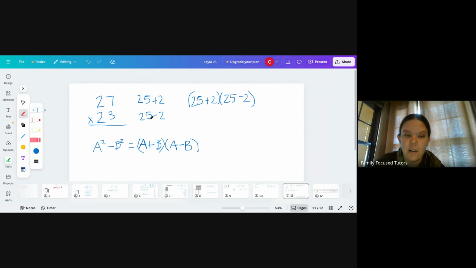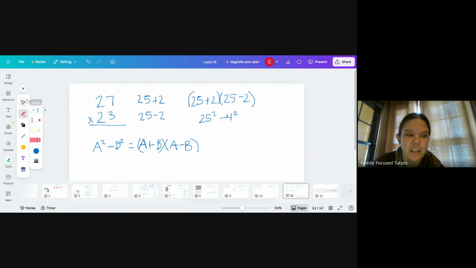Okay, so I have 25 and 25. Those are perfect squares, right? I have 25 plus a number and then 25 minus a number. So I can rewrite these as 25 squared minus 4 squared.